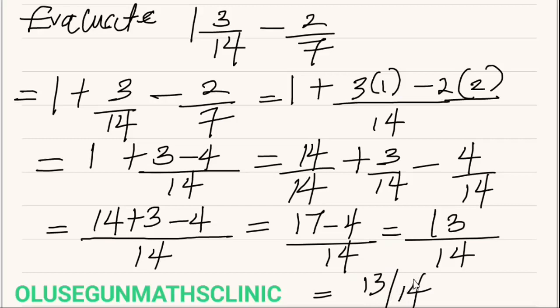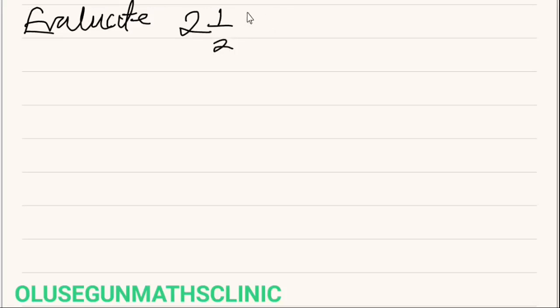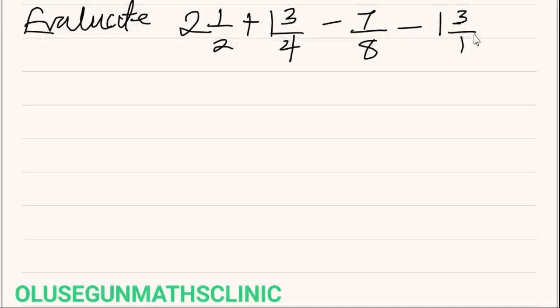So let's also have another example that relates to what we are doing. It says evaluate 2 whole number 1 over 2 plus 3 whole number over 4, minus 1 whole number 3 over 4 minus 7 over 8 minus 1 whole number 3 over 16.